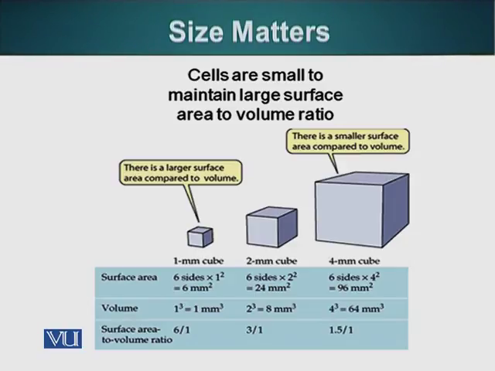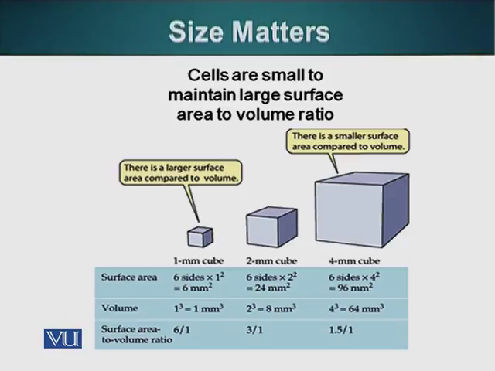So the surface area to volume ratio is 24 to 8, and if we simplify it, it is 3 to 1. So now we have seen that as the size increases, the surface area to volume ratio decreases, and that is an impediment for cells to be of a bigger size.